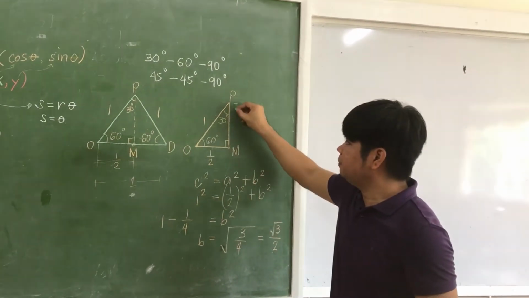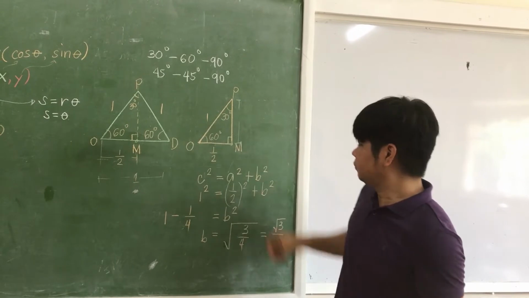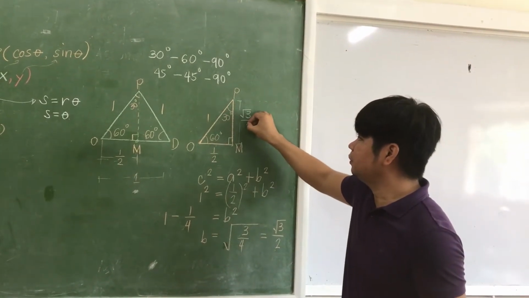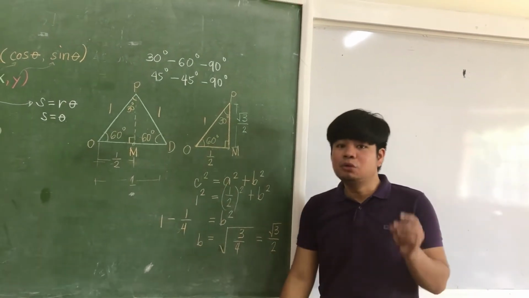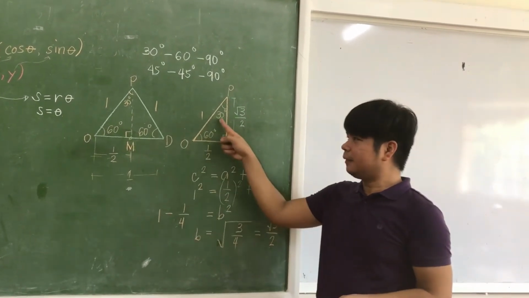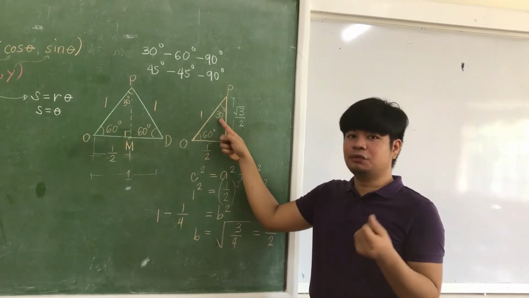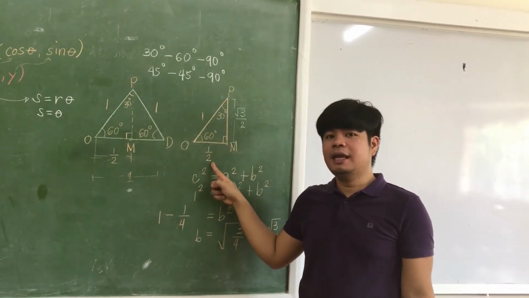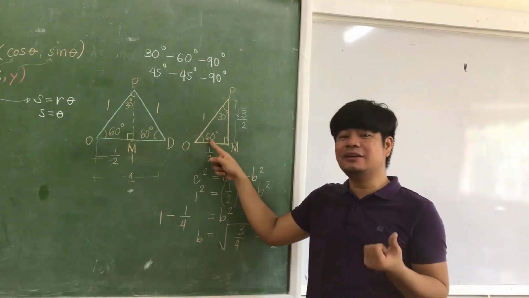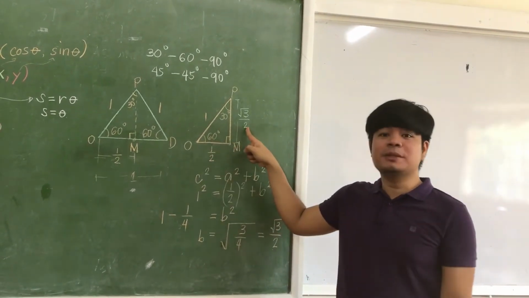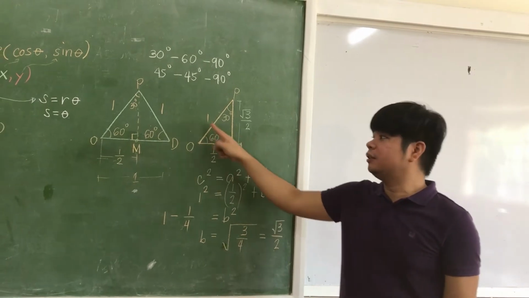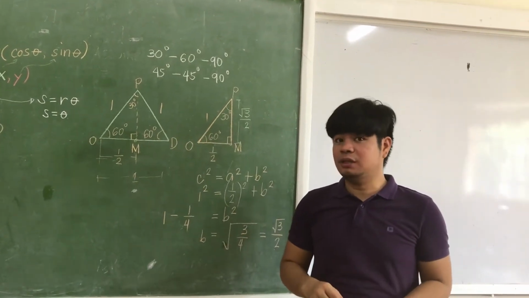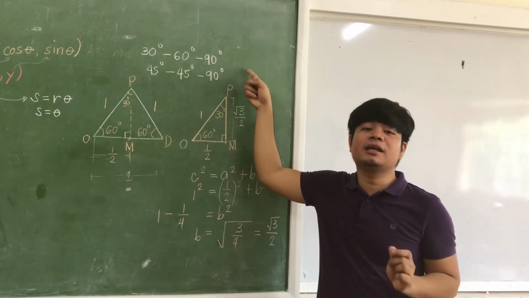The length of PM is the square root of 3 over 2. So how do we understand this? The side opposite the 30 degree angle will always be 1/2. The side opposite the 60 degree angle will always be square root of 3 over 2. And the hypotenuse, the radius, is always 1. That is the definition of the unit circle in the 30, 60, 90 degree right triangle.